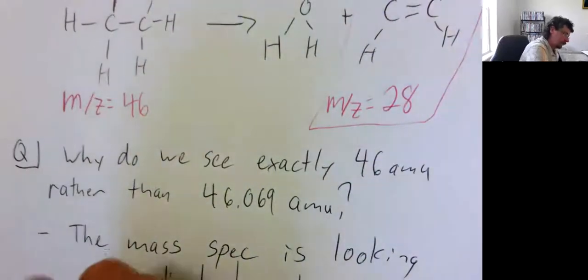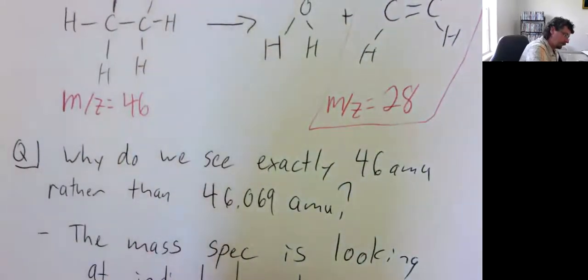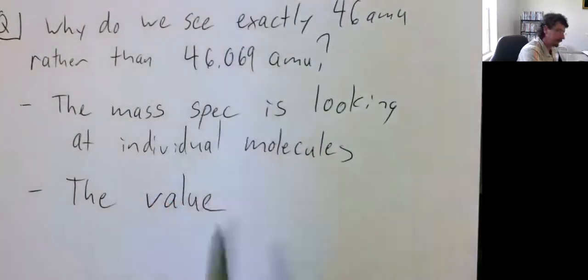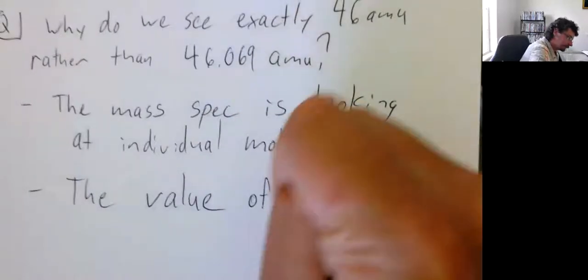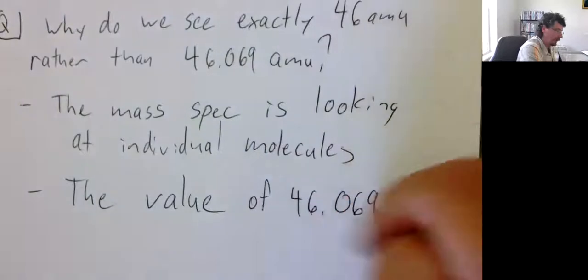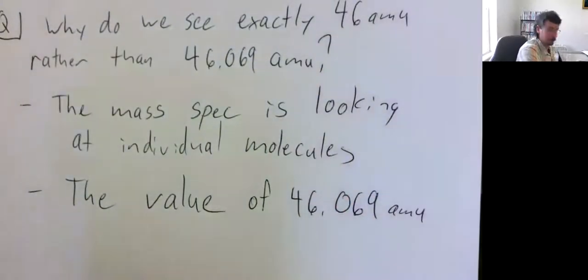And this value of 46.069 AMU is a weighted average.